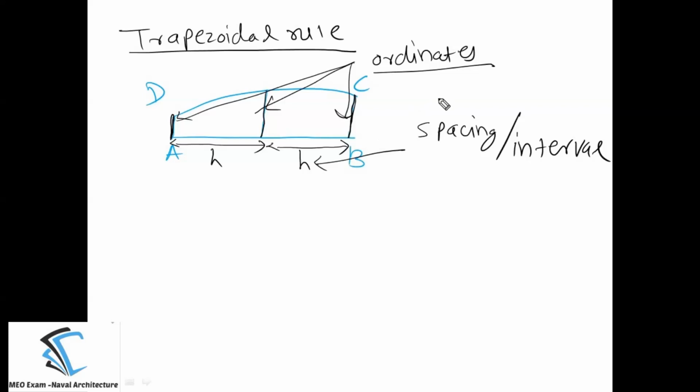So there are two quantities that will be given to you. First is the ordinate and second is the interval. These two quantities will be given and they will ask you to find out the area of this A, B, C, D.